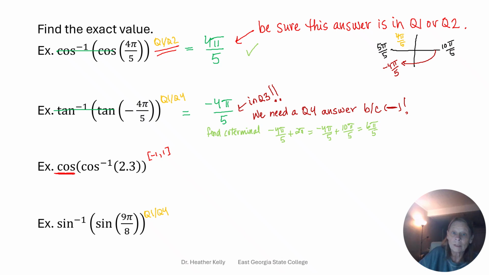6 pi over 5 is in quadrant 3, right? So now we find the reference angle. Because we're in quadrant 3, we say theta minus pi to find that. So we have 6 pi over 5 minus pi, which is going to give us a plain old pi over 5. Now that is quadrant 1.